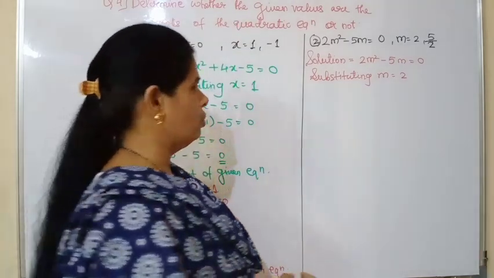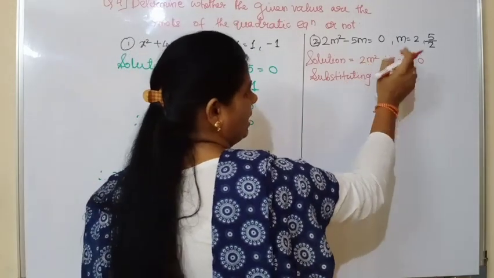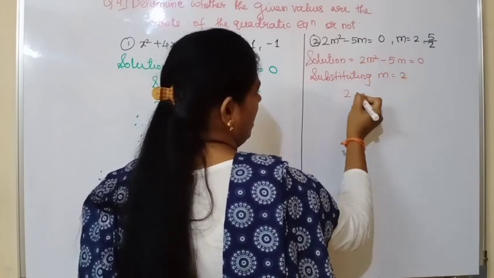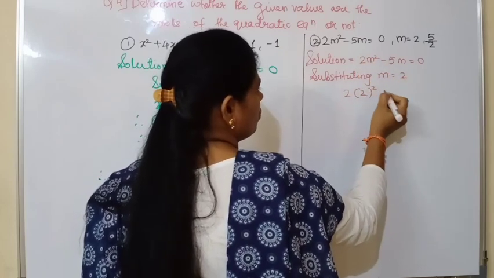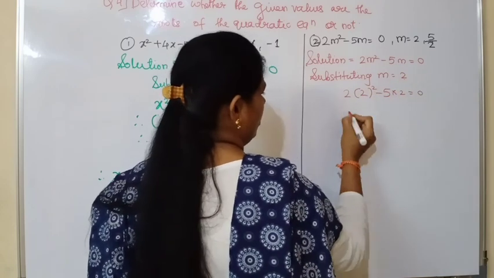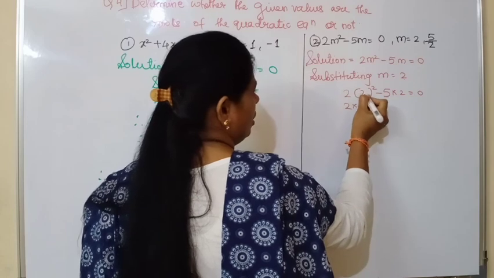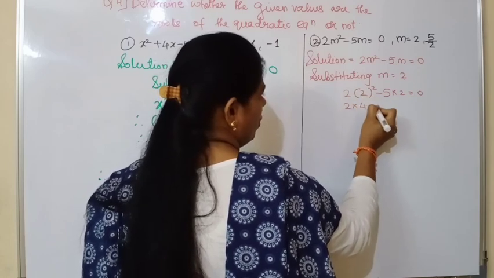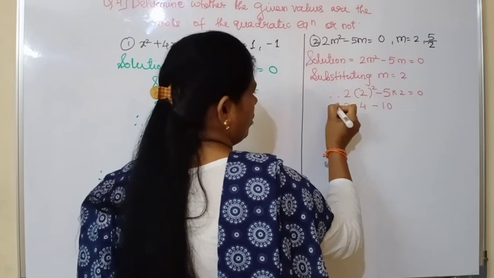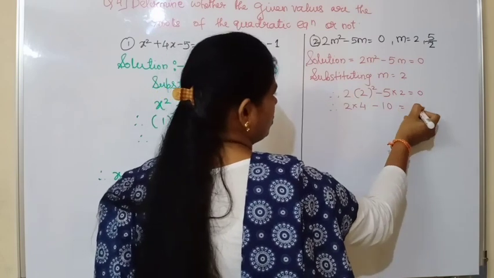In place of m we write 2. So 2 into 2 square minus 5 into 2 equal to 0. So 2 into the square of 2, which is 4, minus 5 twos are 10, equal to 0.